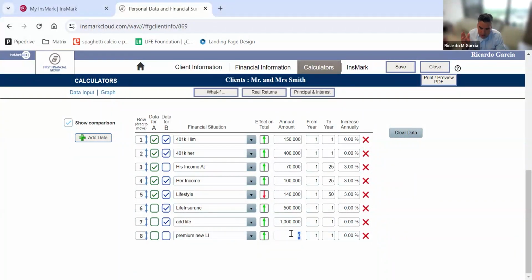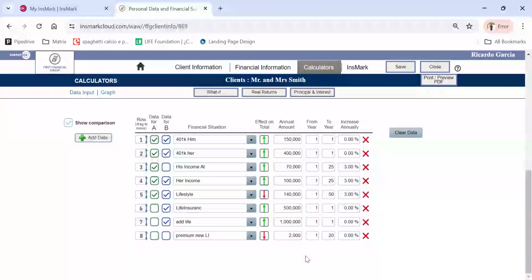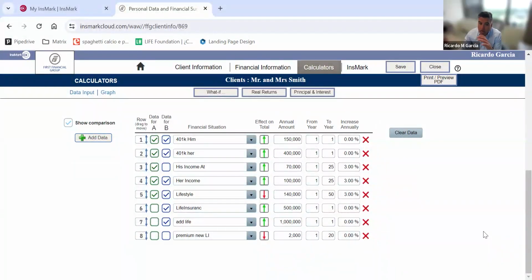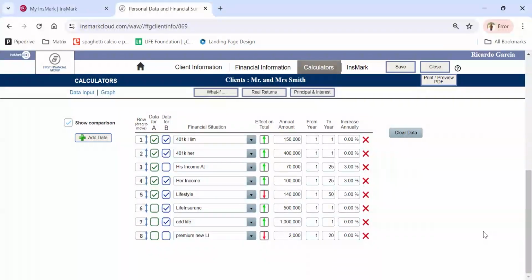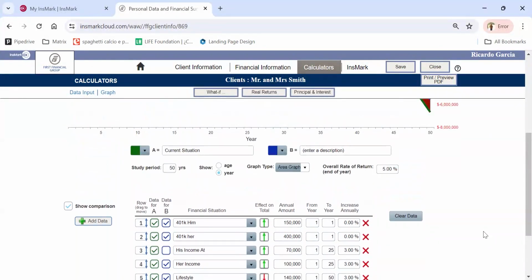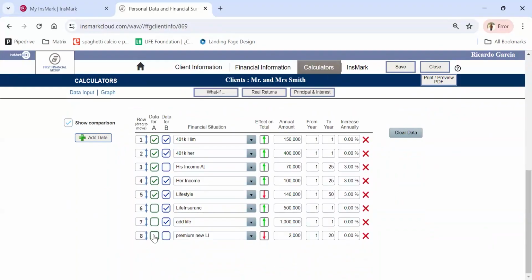Let's just make up a number, $2,000 a year, for the next 20 years. And this is money going out. So this is term insurance then. Oh yeah, we're not talking about whole life yet. We don't talk about whole life here. So it's just term insurance. We just add this.